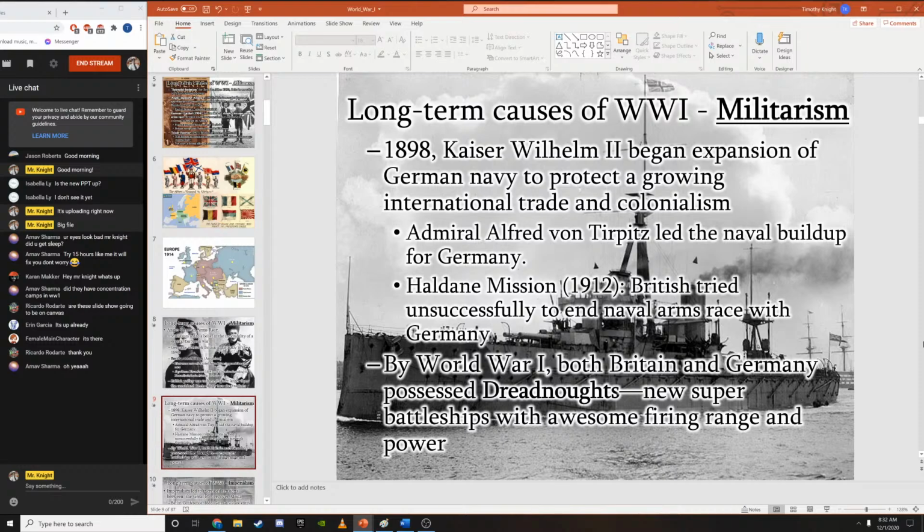And so these super battleships with awesome firing range and power could ultimately have done some significant damage in the war. What's interesting is you don't see a lot of damage done from the Navy, though.